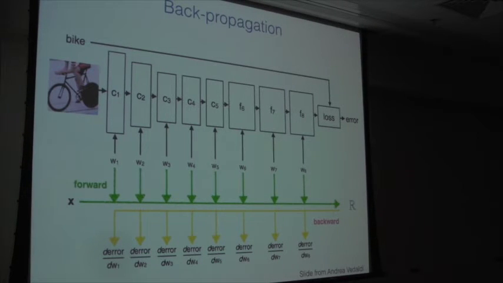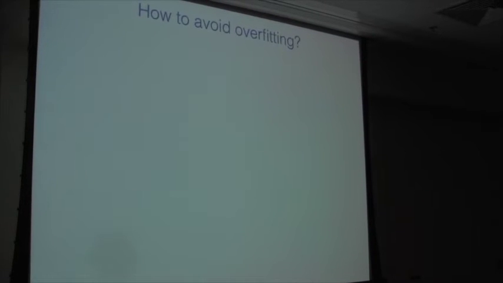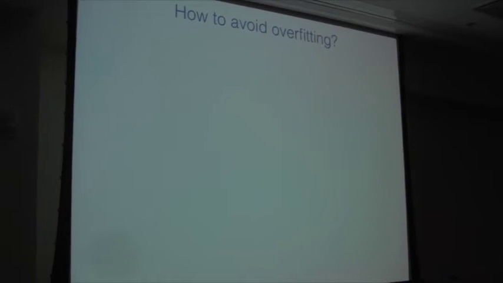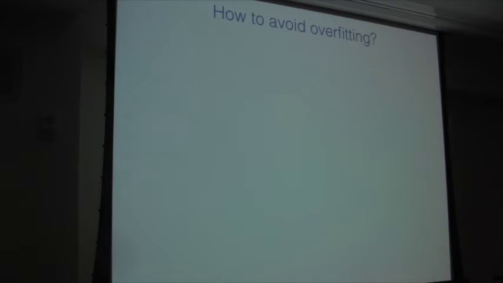details. Okay, but one important issue is, I told you how to minimize the loss, how to get, let's say, a perfect answer for every training image. If you have enough parameters, enough weights, you can tune them until you have gotten the correct answer for every training image. But how do you avoid overfitting? In the Bayesian lecture, you probably heard about likelihoods and priors.